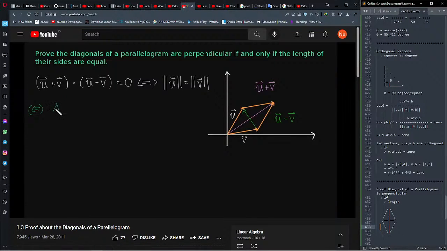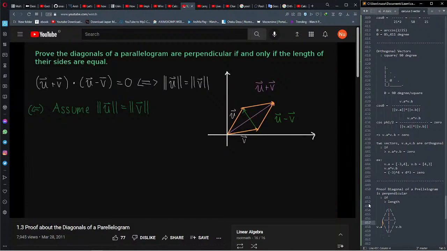So we're going to assume that the lengths are equal, and what we want to get to is that the diagonals are perpendicular. So we're going to assume this. Now it seems like, well, where do we go from here? How do we construct a proof out of just this equality?